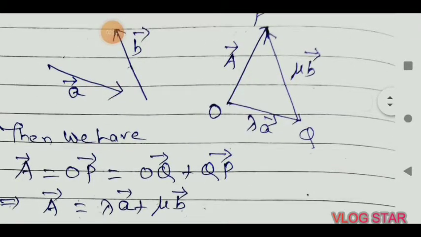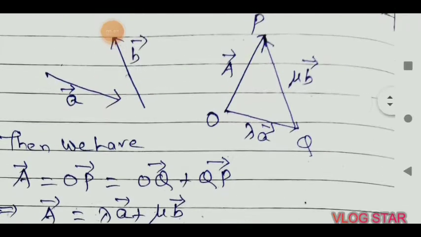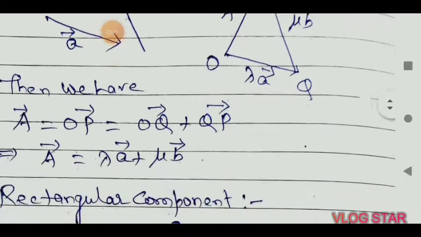In that way we get the components of vector A along small a and small b, where lambda and mu are real numbers. Then you can say that the magnitudes along small a and small b are represented by lambda and mu respectively.